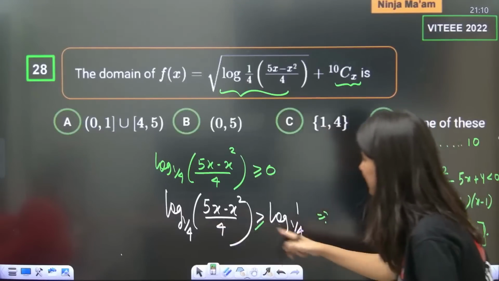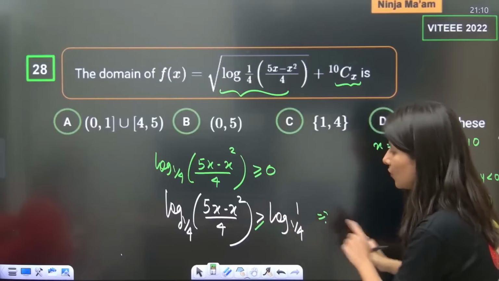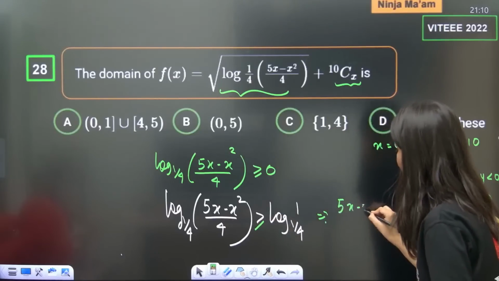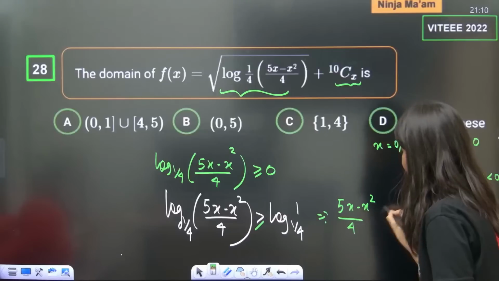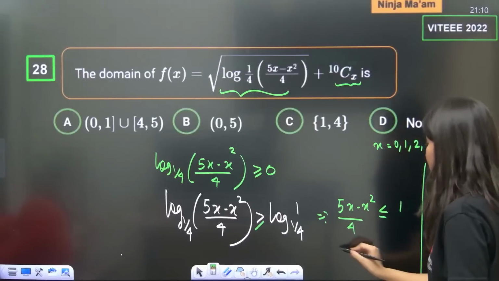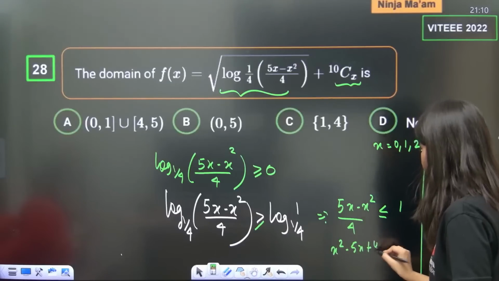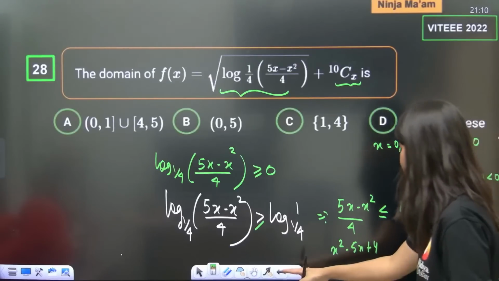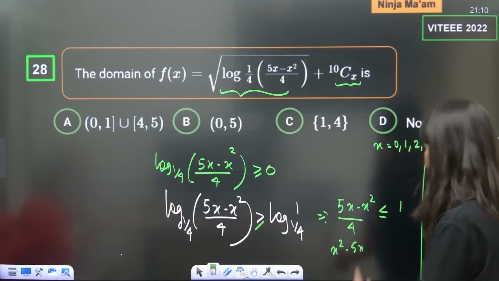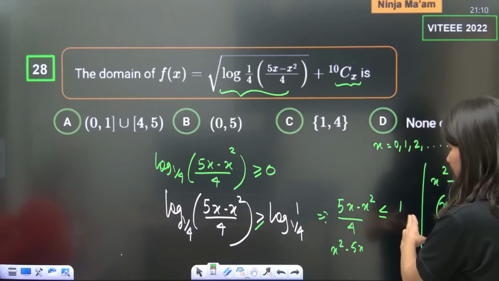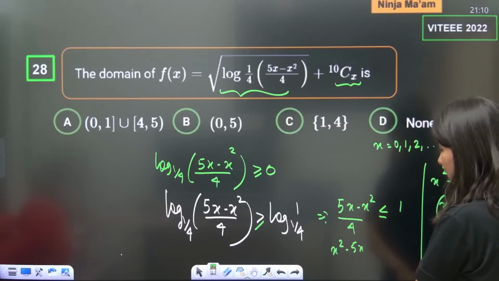Since the base is less than 1 now, if you remove log from both sides, this is 5x minus x square by 4 less than or equal to 1. So this is x square minus 5x plus 4, minus 4. Yes, x square sign and 4 sign will be opposite.